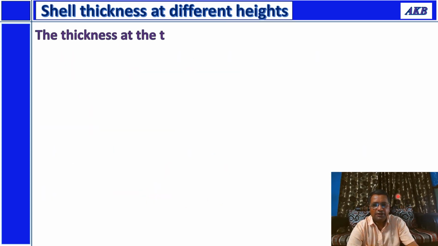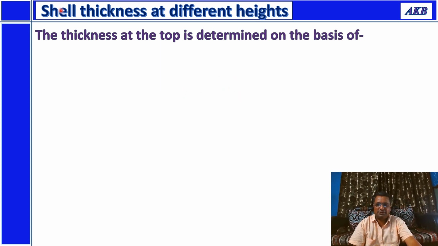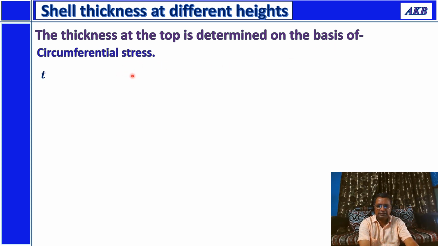Okay, now the thickness at the top. What are the steps, how to calculate shell thickness at different heights? So the first thing that you are going to do is, the thickness at the top is determined on the basis of circumferential stress, which is given by this equation. You already know this equation.